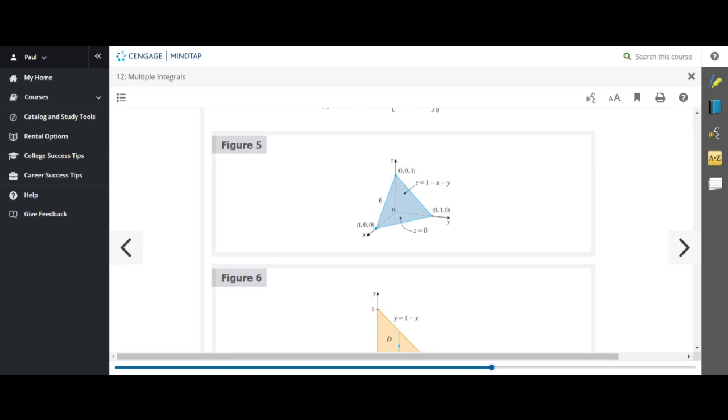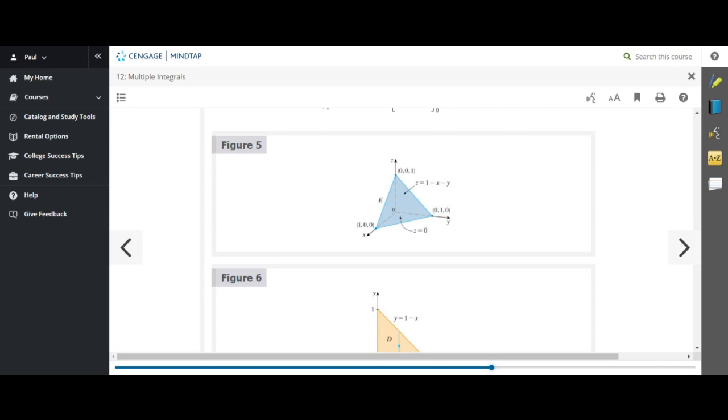Okay, so what would be easiest to do first? To integrate with respect to z first, or to integrate with respect to y first, or to integrate with respect to x first? Should we do dz first, or dy first, or dx first?